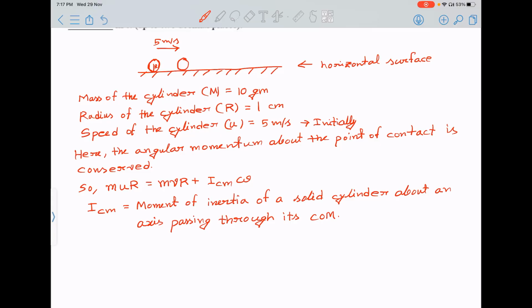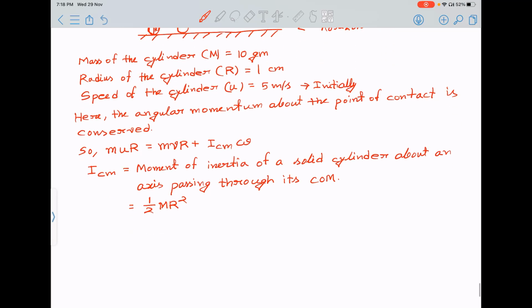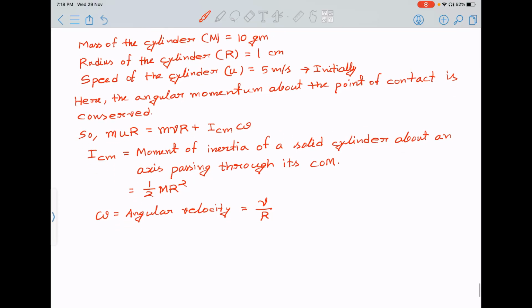Okay, and this should be equal to half m r square. Okay, and this omega is simply the angular velocity, and this should be equal to v upon r. Okay, where v is the final velocity, the final speed of the cylinder, let's say.